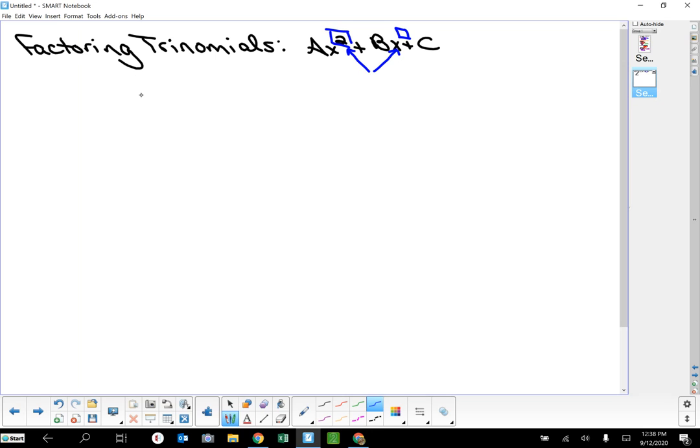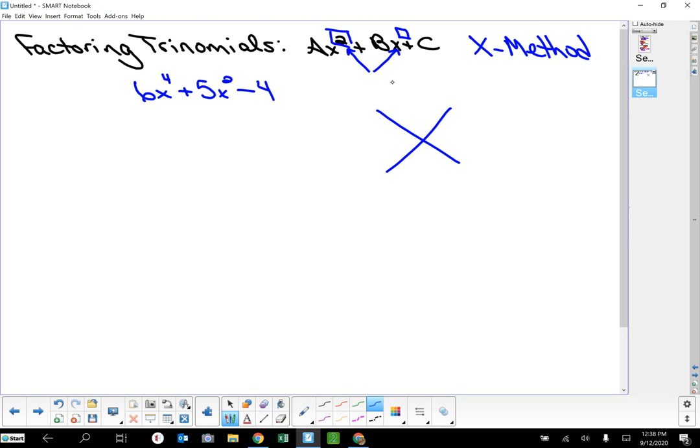So the first one we're going to do is 6x to the fourth plus 5x squared minus 4. I use what I call the X method in my classroom when I teach these. So we make a big X. We put A times C in the top, B in the bottom. A times C here is negative 24.